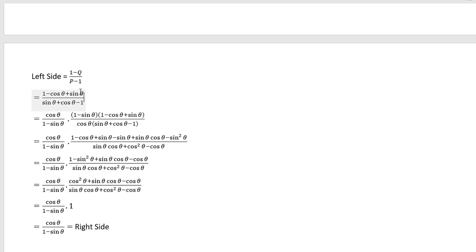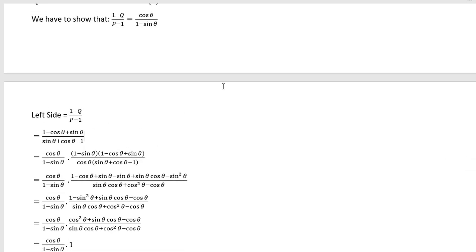Now how to solve this? Look at the right side. At the right side we have cos theta divided by 1 minus sin theta. So we can say surely that if you start calculating the left side, at some point we will get cos theta by 1 minus sin theta.